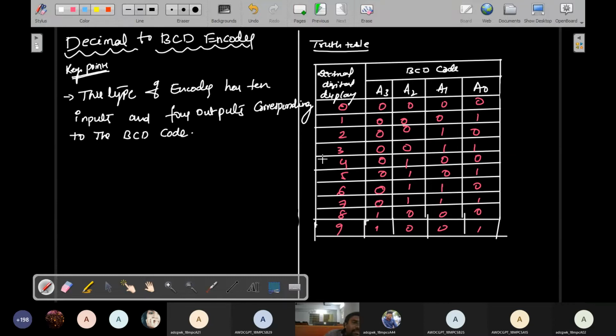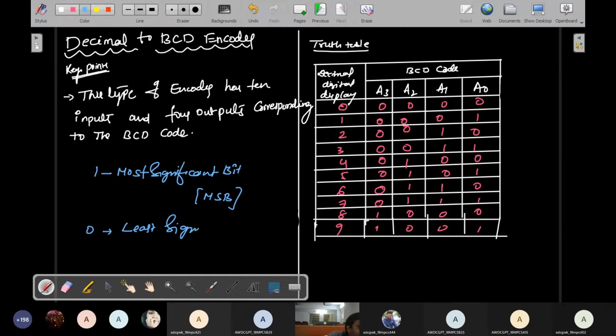See, actually here, 1 is called most significant bit, MSB, and 0 is called least significant bit, LSB.